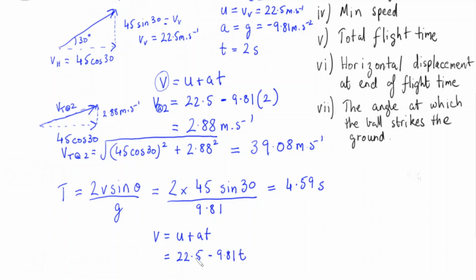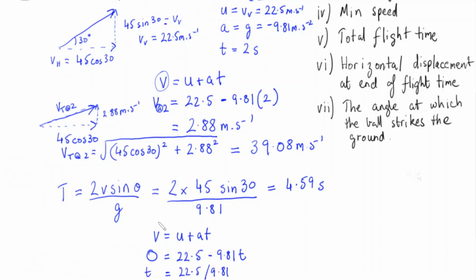T is what we're trying to find, and 0 is going to be our vertical velocity at the maximum displacement. So I can take this expression to the other side and say T is equal to 22.5 divided by 9.81.